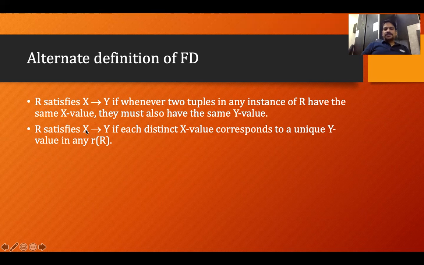R satisfies X determines Y if each distinct X value corresponds to a unique Y value in any R. In any R means in any part of R, or in any instance of a relation in the whole relation. So that is also a definition for functional dependency. These two are the proper definitions of functional dependency.